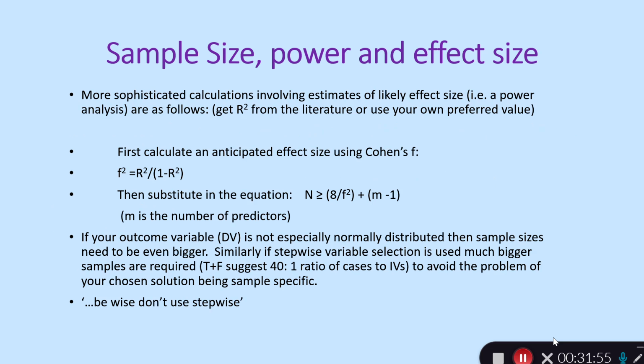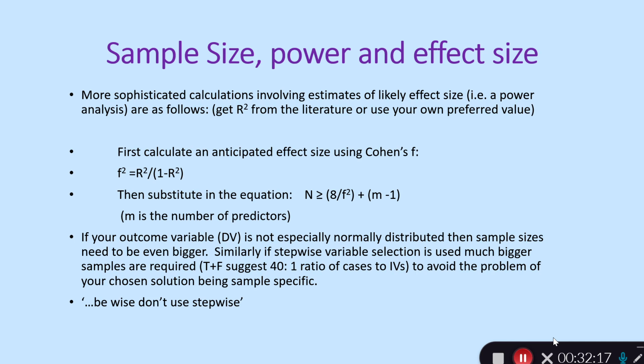Okay, so there are more sophisticated calculations involving estimates of likely effect size for an analysis, so a power analysis, and these are as follows. What we'll do is get R squared from the literature or use our own preferred value.